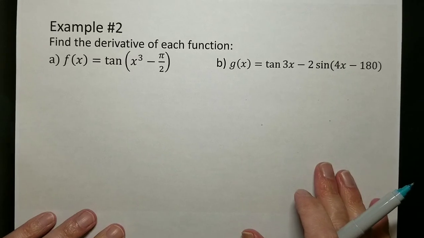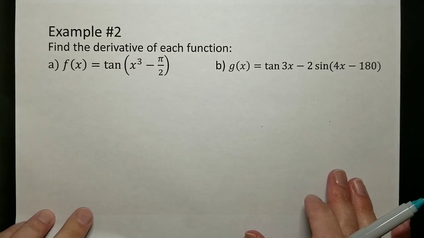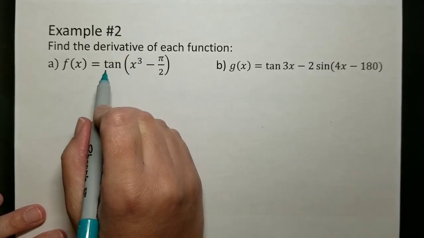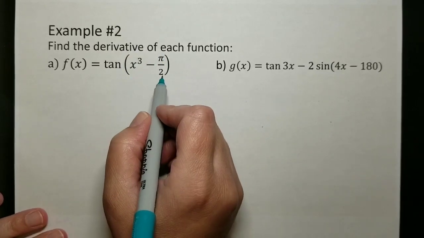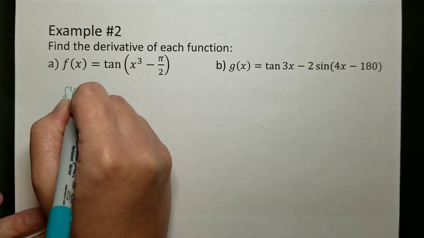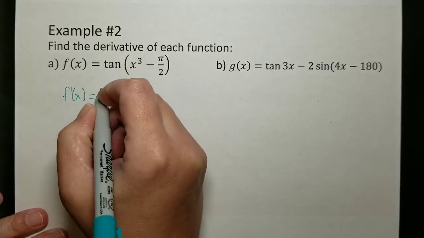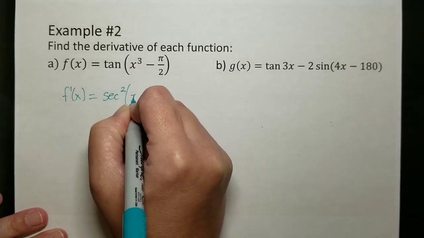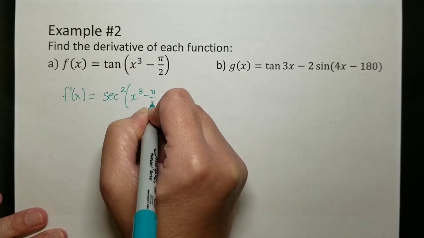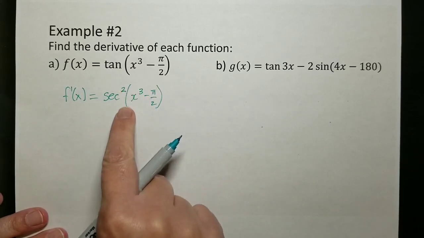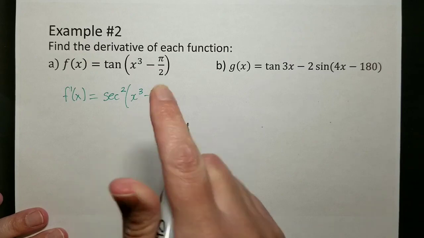So we've got a couple more examples here finding the derivatives. My first function is tan of x cubed minus pi over 2. The derivative of tangent is secant squared, keeping the angle exactly the same. Then multiply that by the derivative of the angle.